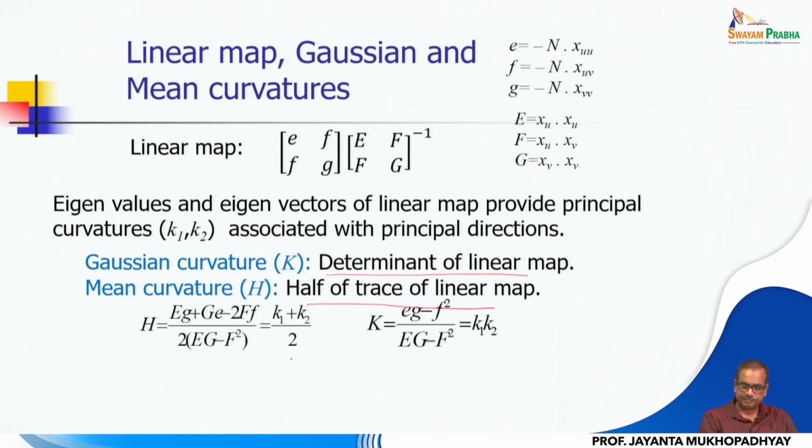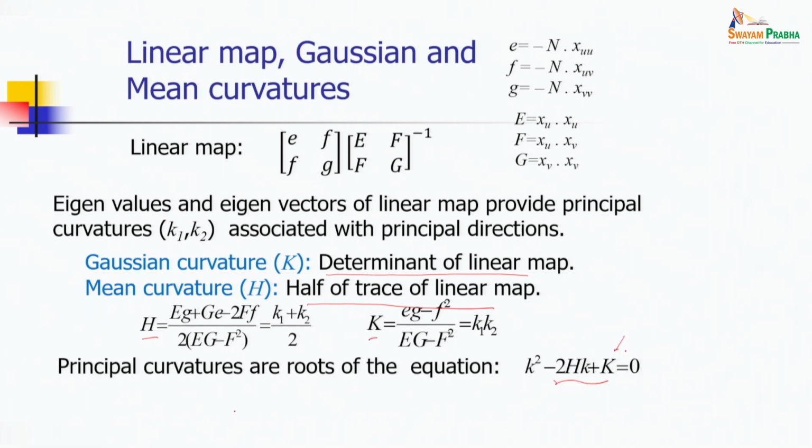As you can see, using H and K, capital H and capital K, you can define an algebraic equation, and using the theory of quadratic equations, if the solutions are K1 and K2, capital K determines the product of the solutions, whereas minus 2H should be the sum, whereas H means (K1 plus K2) by 2.